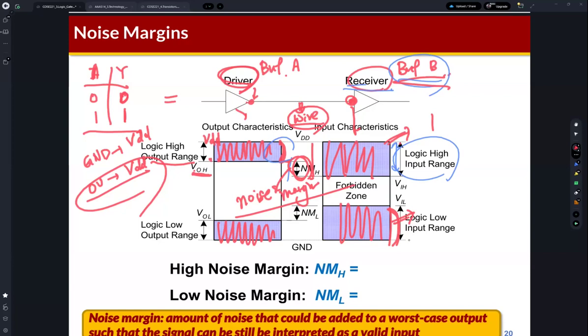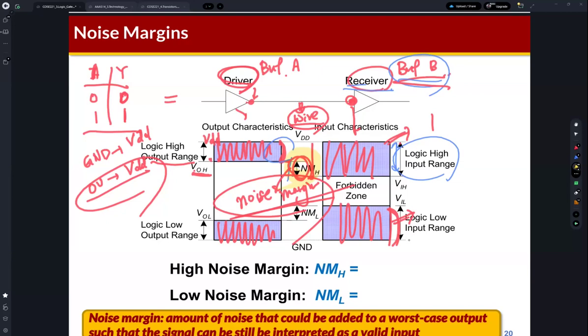It's the allowable value or allowable amount of some values. So the noise margin exhibits that this amount of noise is allowed.